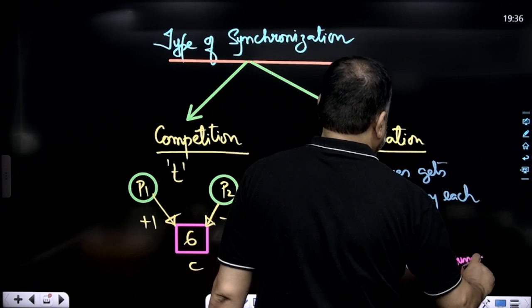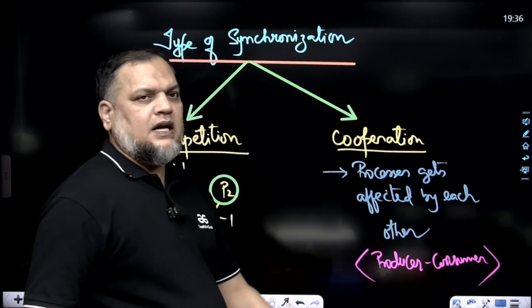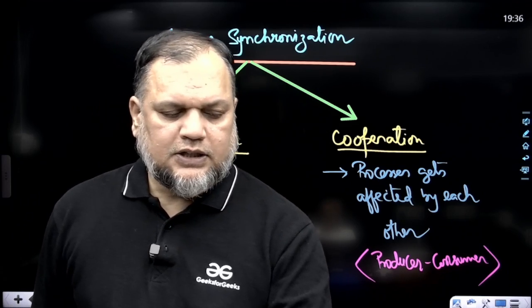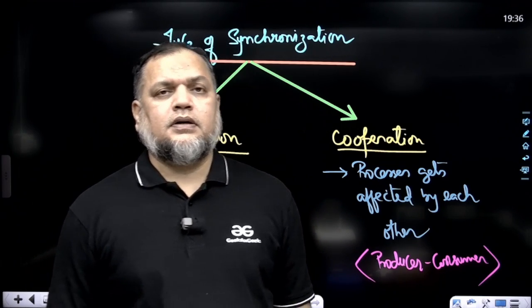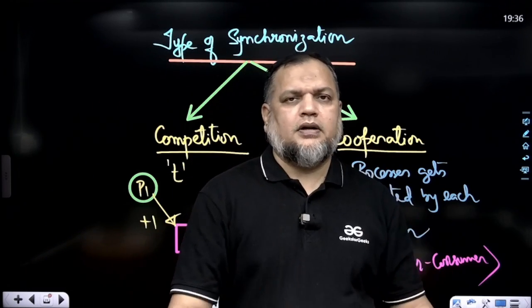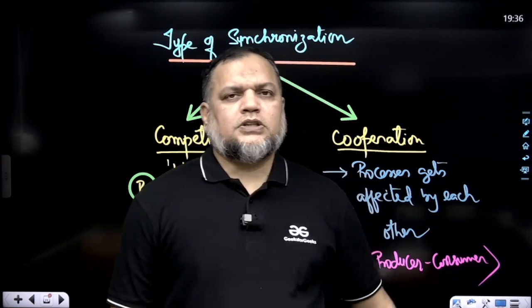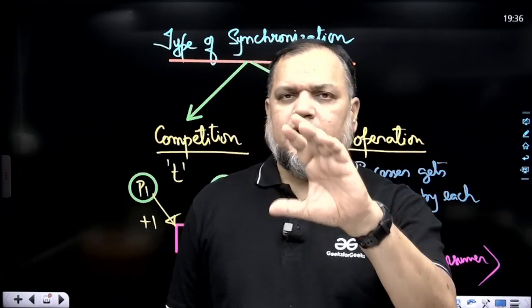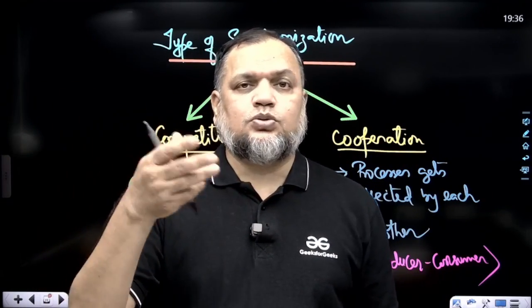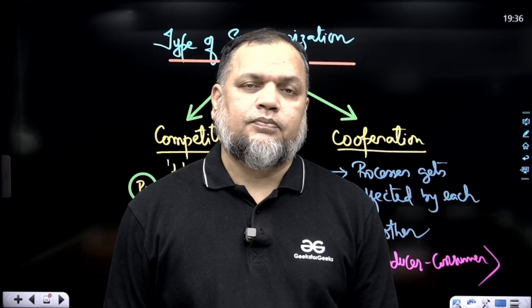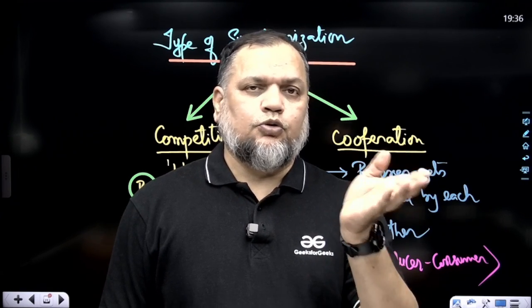As you know very well, producer and consumer are 2 processes. They are accessing a shared resource, a shared variable, or shared buffer, shared file. One process is trying to enter items into the buffer, the other process is trying to consume the items from the buffer.